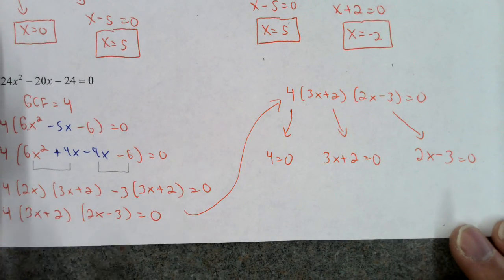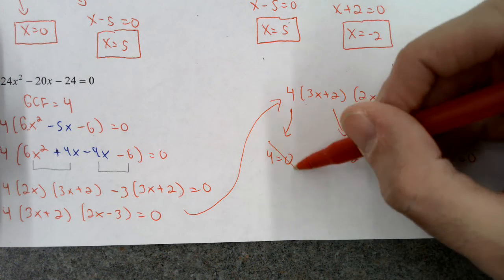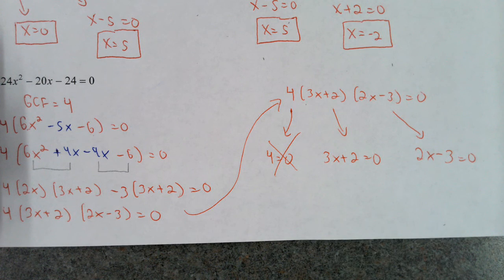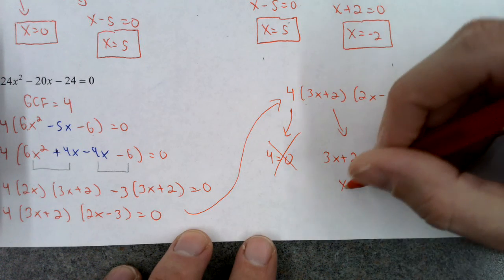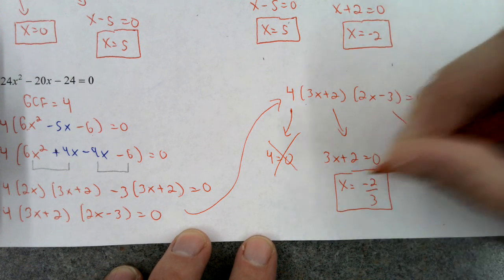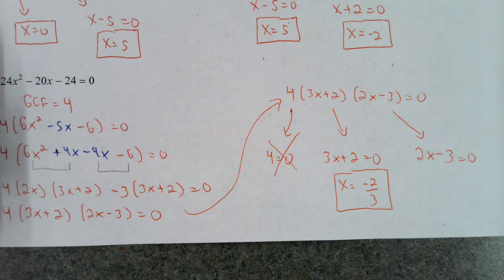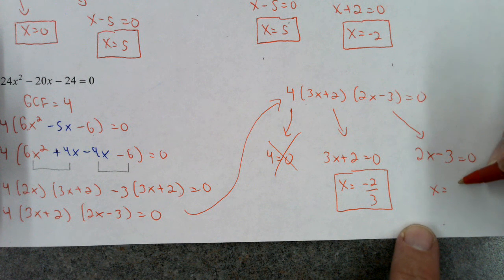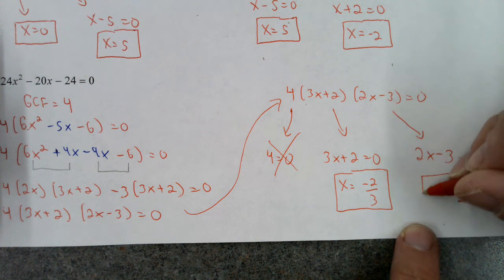Solve each one. First one makes no sense. Ignore that. Second one, subtract 2 and then divide by 3. x equals negative 2/3. Last one, add 3 and then divide by 2. x equals 3/2.